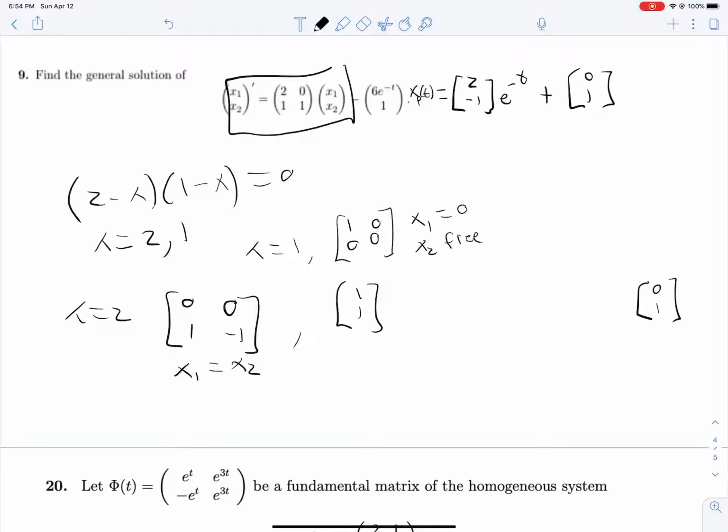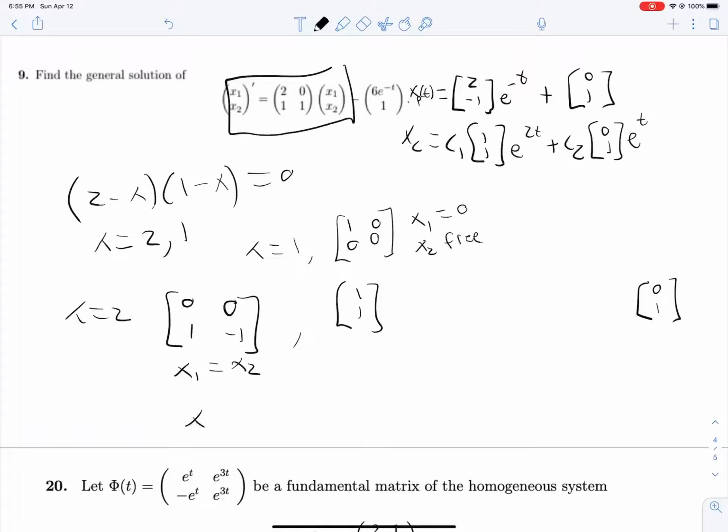Overall, we can go up here and add to our solution by saying that xc is equal to c1 v1, which is 1, 1 e to the 2t, plus c2 v2 e to the 1t.